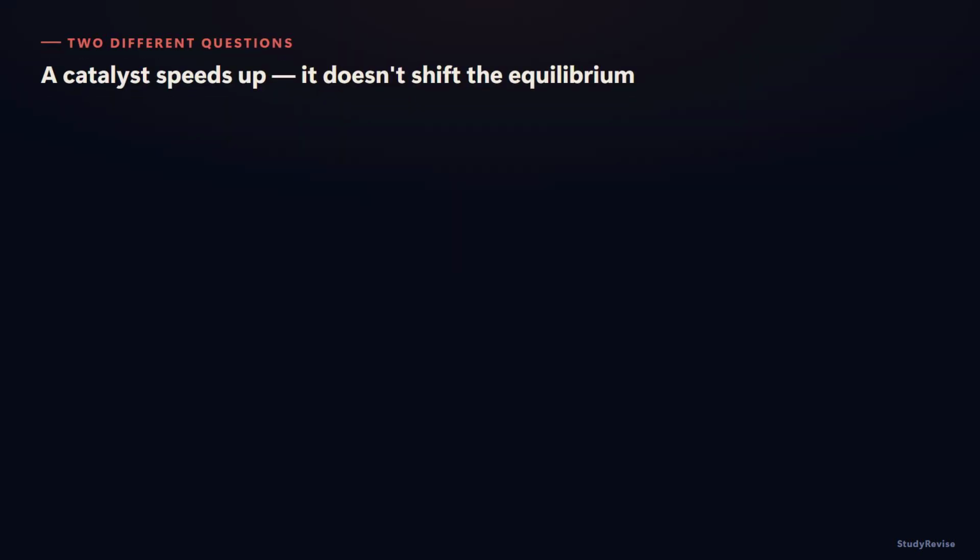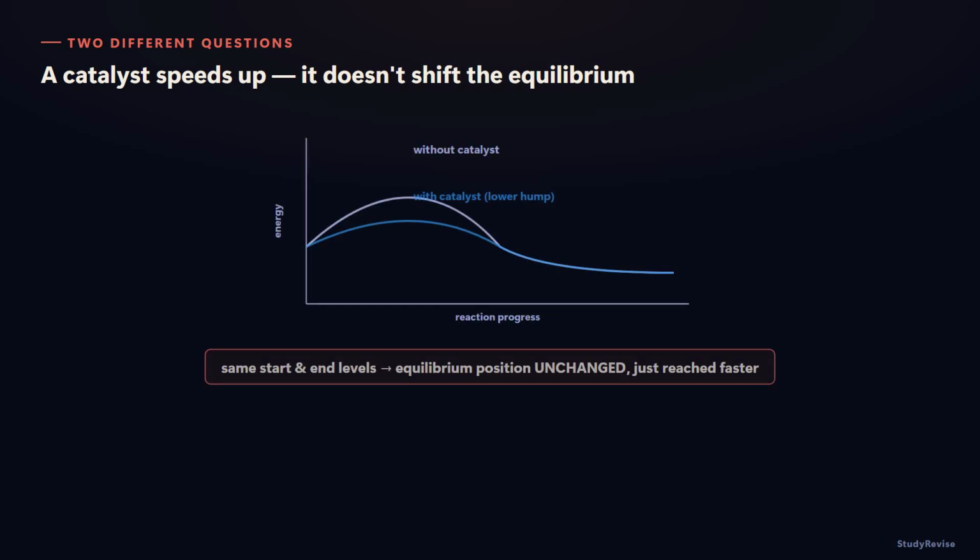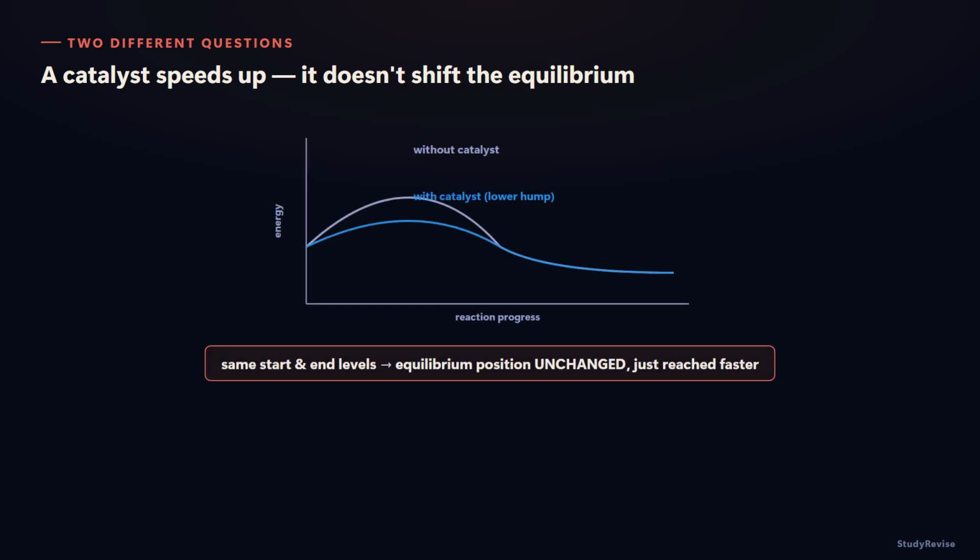Now, a conceptual gap that isn't really about electrolysis at all, but sits right next to it in most syllabuses. The difference between how fast a reaction happens and where its equilibrium actually sits. A catalyst speeds up a reaction. That part is well known. What gets assumed far too often is that speeding up the reaction must also shift the equilibrium, pushing it toward more product. It doesn't.